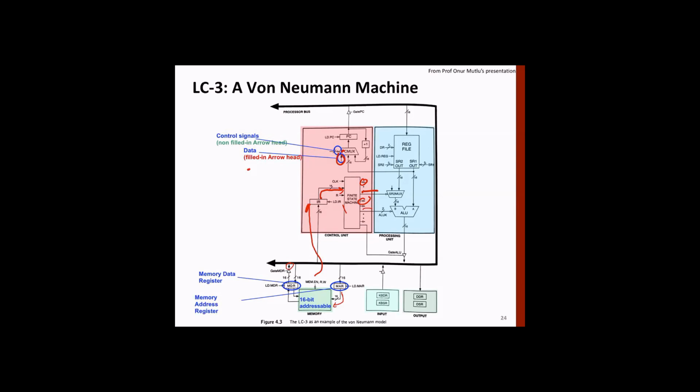Now let's look at what's next. Then we have 2 registers, KBDR and KBSR, the keyboard data register and status register, and the monitor data register and status register. Then the ALU has 2 inputs and 1 output, and each is 16 bits.